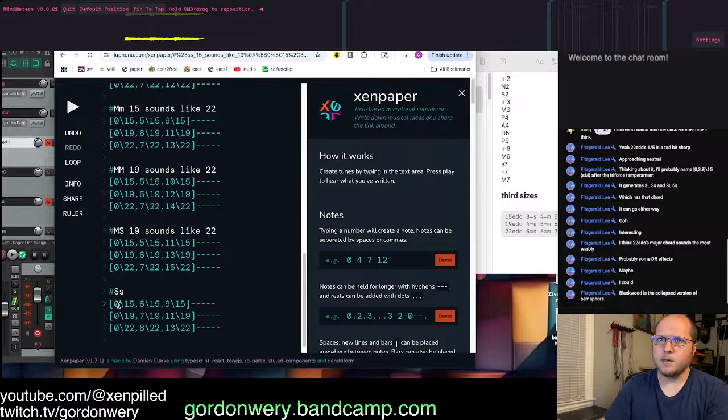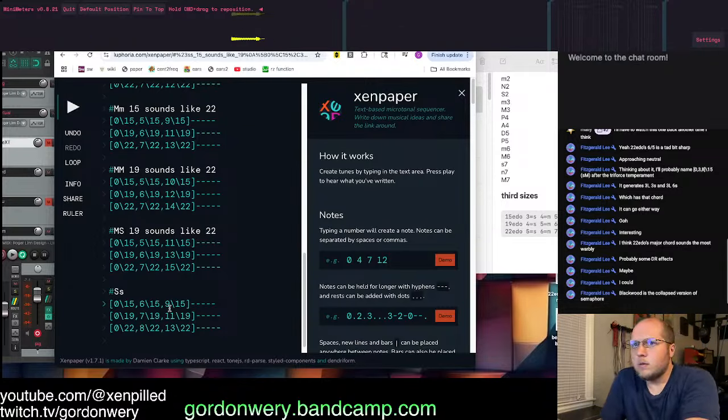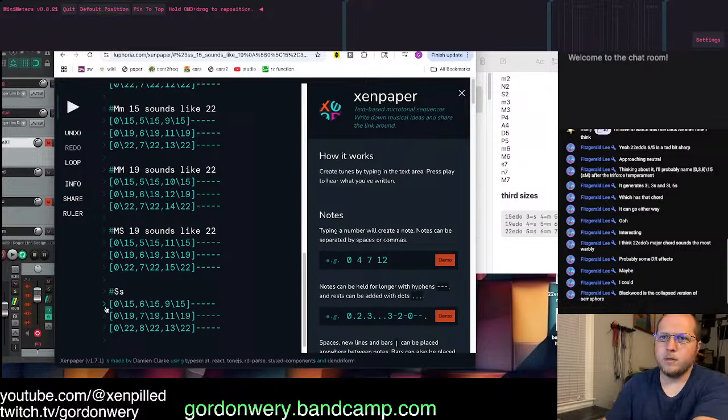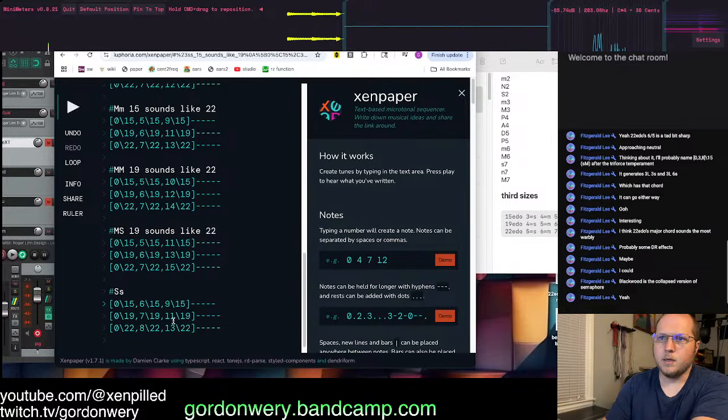This sounds like a sus chord. Or like a 4 chord, actually. Or something. I guess a minor 4 chord. I don't know. It almost sounds like it's resolving to this. Like a 4-1 resolution.